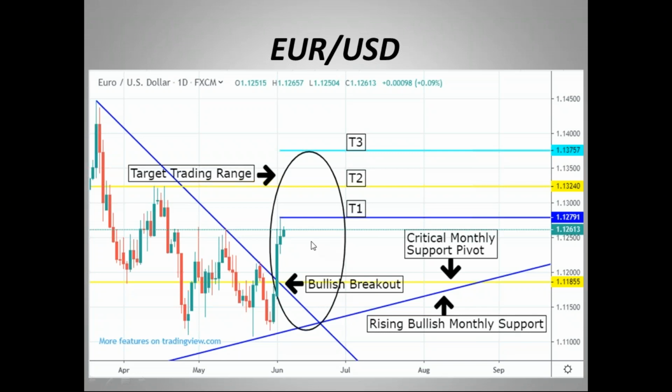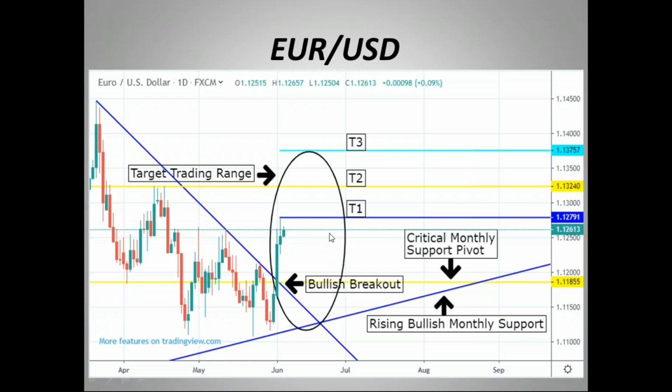And that could be what happens here: don't be overzealous if you're a bull, and don't be overzealous if you're a bear, because it's very likely that the euro US dollar, in the wake of still dealing with the Brexit, as well as the tariff wars that are going on, is probably going to just be pushing the upper and lower extremities of this trading range.